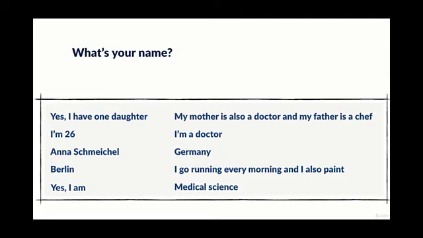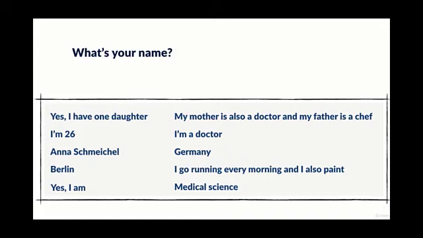Anna Schmeichel. Berlin. Yes, I am. My mother is also a doctor and my father is a chef. I'm a doctor. Germany. I go running every morning and I also paint. Medical science. So which of those 10 answers answers the question, what's your name?